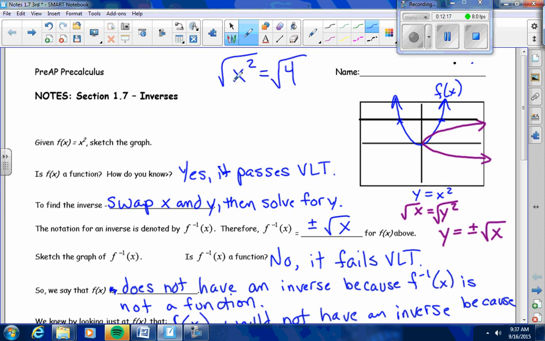Because I'm taking the square root of an x squared, a variable squared, that x equals plus or minus the square root of 4, which means x equals plus or minus 2. Okay? Because if I take a positive 2 and plug it in for x and square it, I get positive 4. If I take a negative 2 and plug it in for x and square it, it gives me a positive 4. Okay? So the other side, whatever the square root is, you always put plus and minus in front of it. Okay? Other questions?